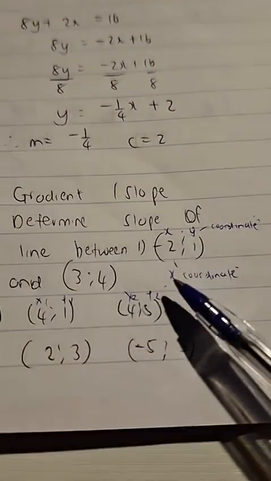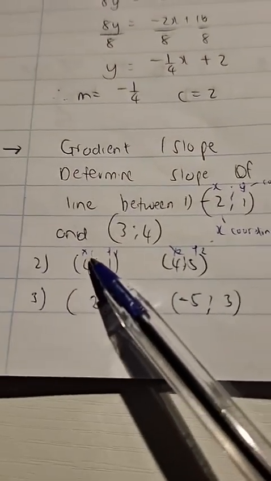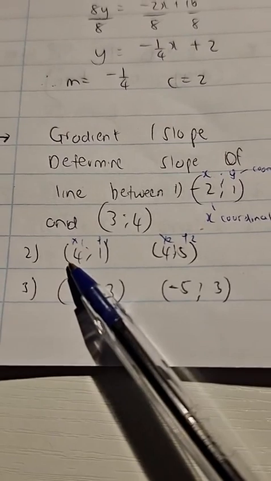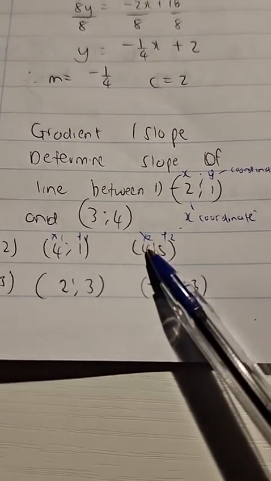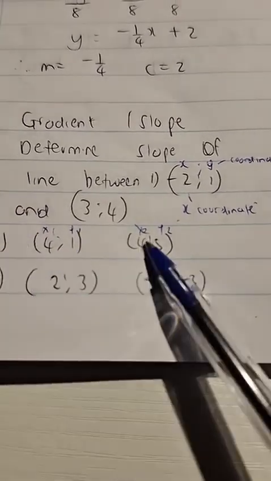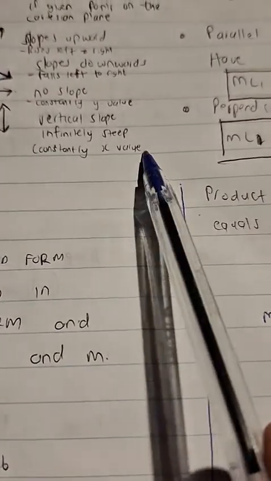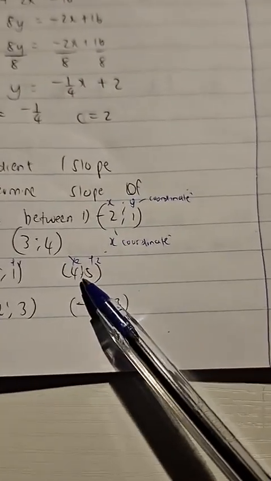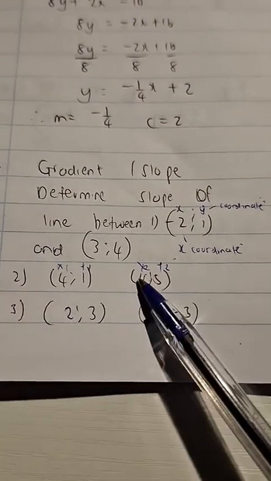Now let's go and check there when we were writing down our points. For this point, what is the x coordinate? It is 4. For this point, what is the x-coordinate? It is 4. So what do you notice here? You have constant x values. In other words, the word constant means the same. Okay, the same. All right.